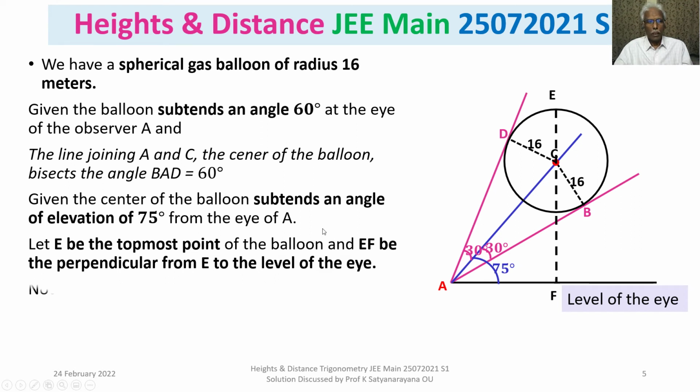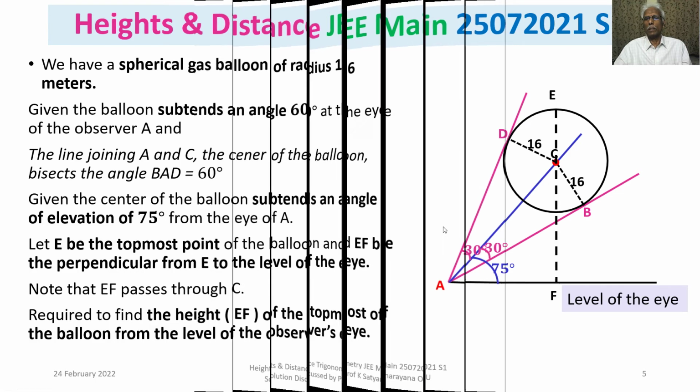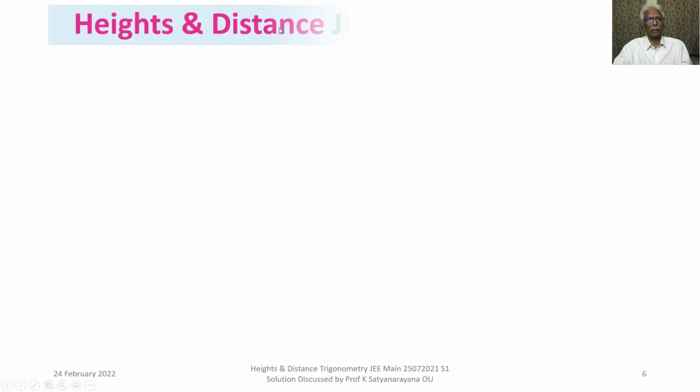Note that EF passes through C. We are required to find the height EF of the topmost point of the balloon from the level of the observer's eye. So EF we have to find. We will discuss this in the next slide.